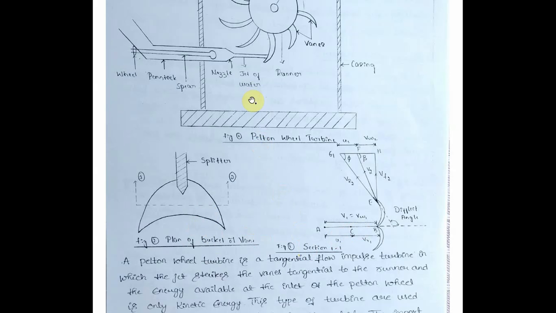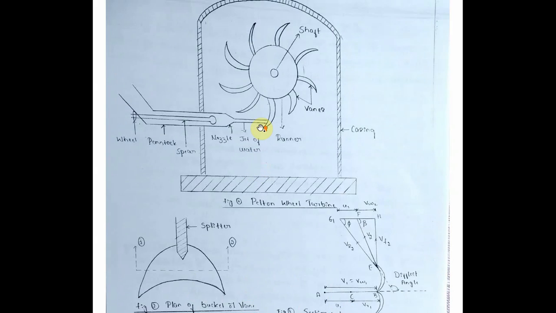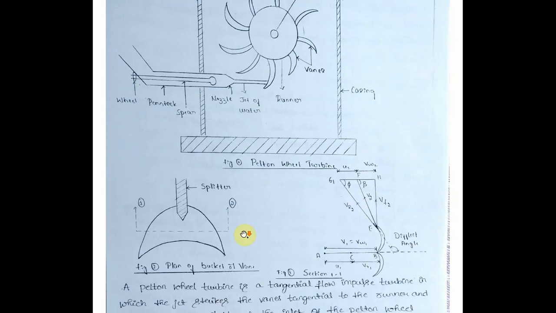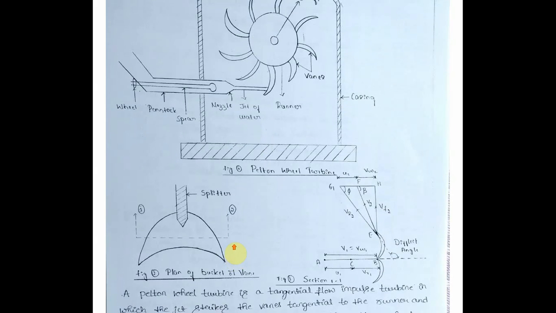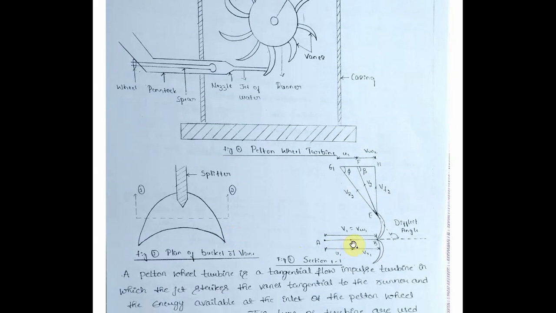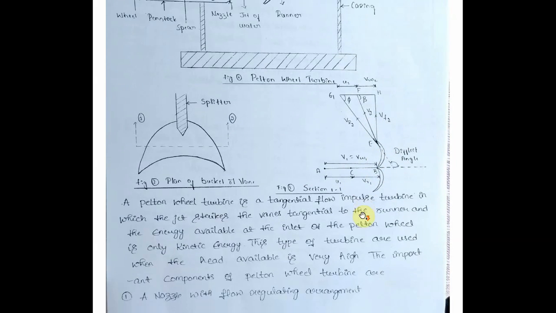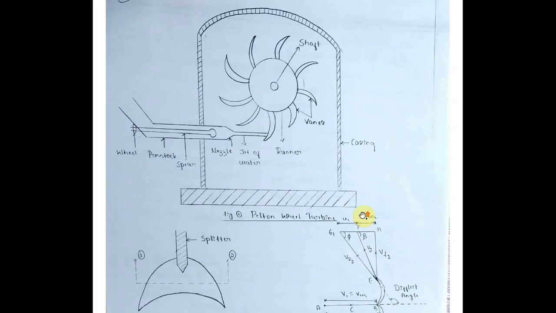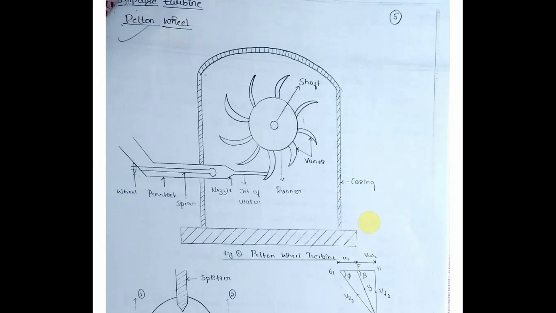In figure number 1, a full section of a Pelton wheel will be there, and in figure number 2, a wheel with a series of buckets of a vane will be shown, and in figure number 3, the velocity of the vane when the jet hits the vane, and the angle phi will be discussed. Okay, so before that, what is meant by Pelton wheel?